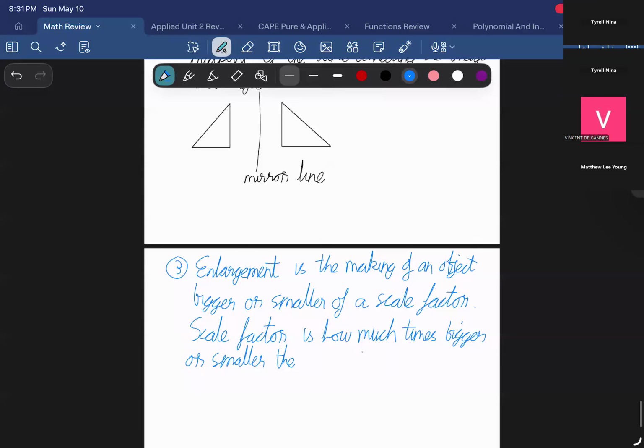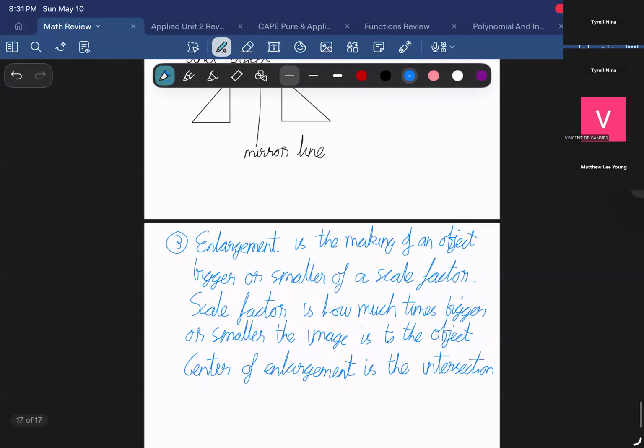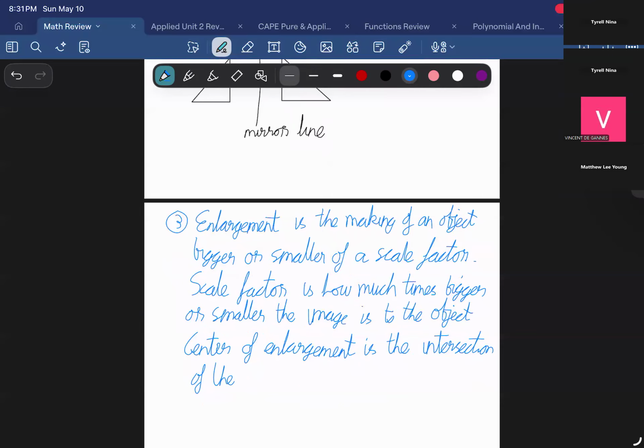Sorry, the image is to the object. Right? The center of enlargement is the intersection of the, yeah, it would be.